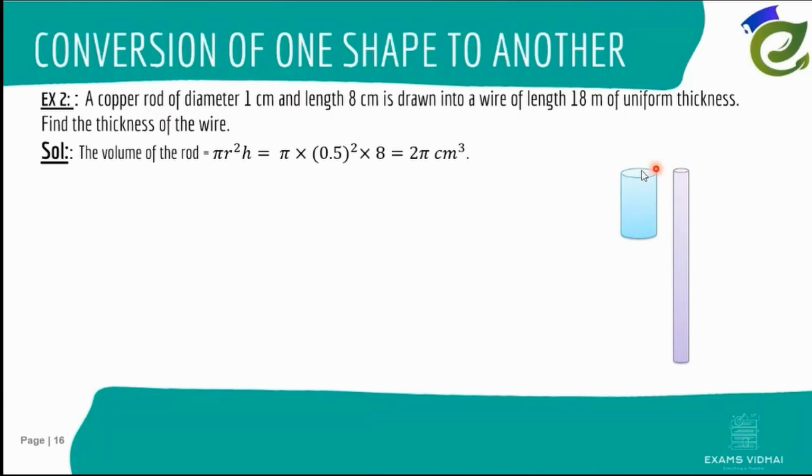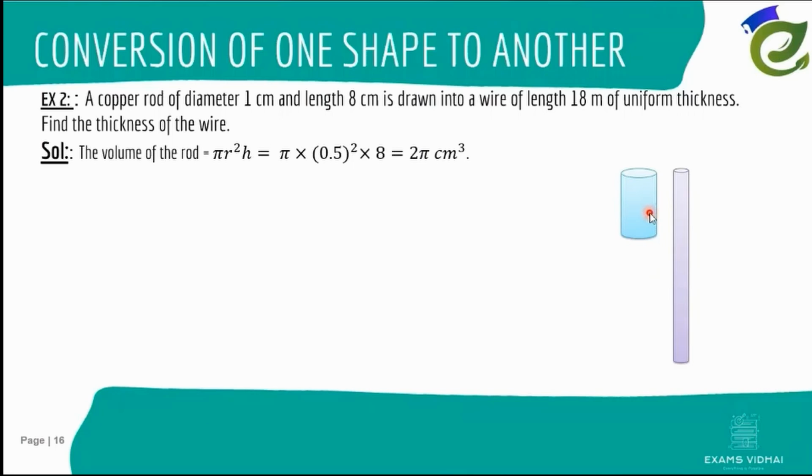So what can we do here is, first of all, we can see that the copper rod needs to be stretched in order to acquire the shape of this wire. In order to stretch it, we know that radius is inversely proportional to the height.